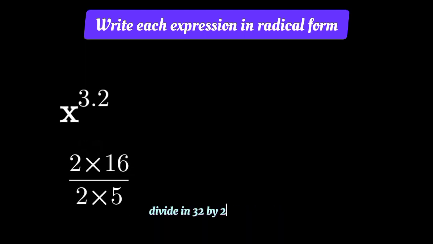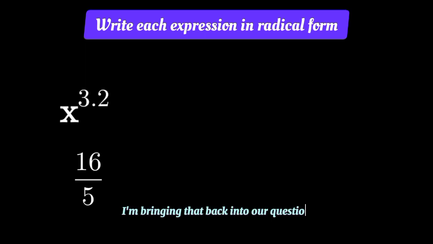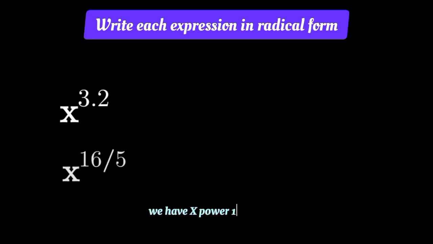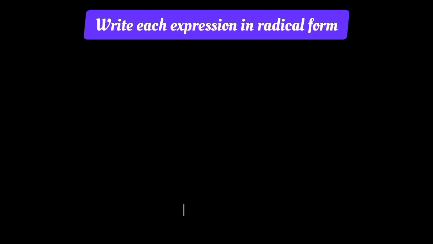Dividing 32 by 2, you have 16, and dividing 10 by 2, we have 5. So we have 16 over 5. Bringing that back into our question, we have x to the power 16 over 5. Now, since 5 is the index number, we have the fifth root of x to the power 16 as our answer.